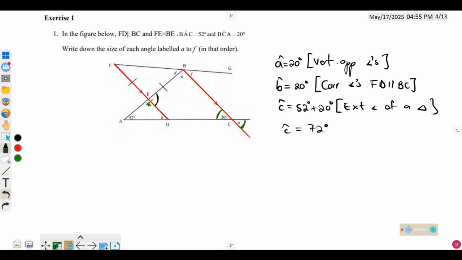So let's find D. Where's D? D is that angle there. How do we find D? Let's think about it for a second. We do not have E, we do not have F. Maybe we can find D, but in order to find D, let's look at this. Here you have an isosceles triangle, this and that.